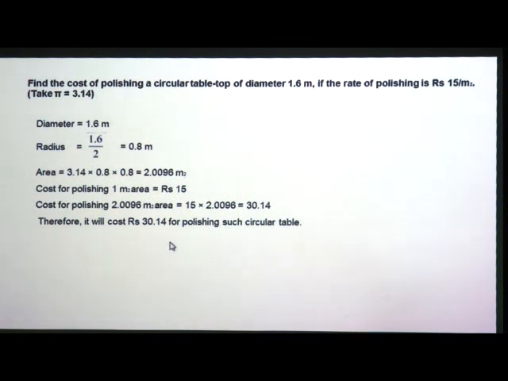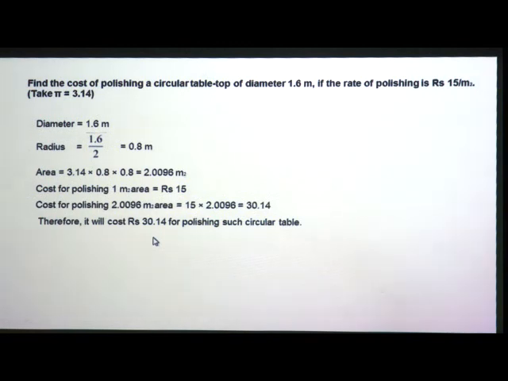If you get this type of example in an MCQ, do not do all the steps. Just substitute the values in the formula and find roughly the cost, because here it is very easy to calculate, or we can just judge that it may be 30 rupees some paise.